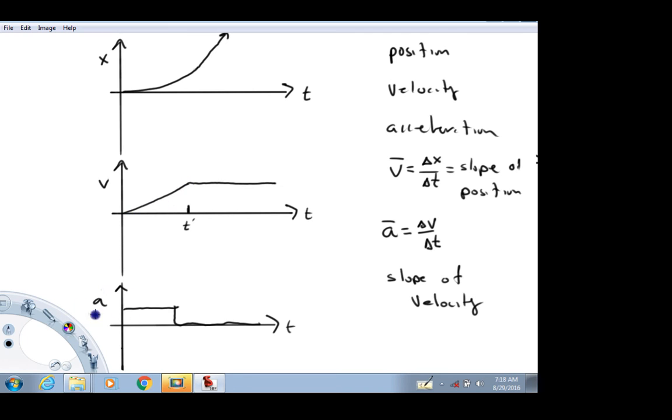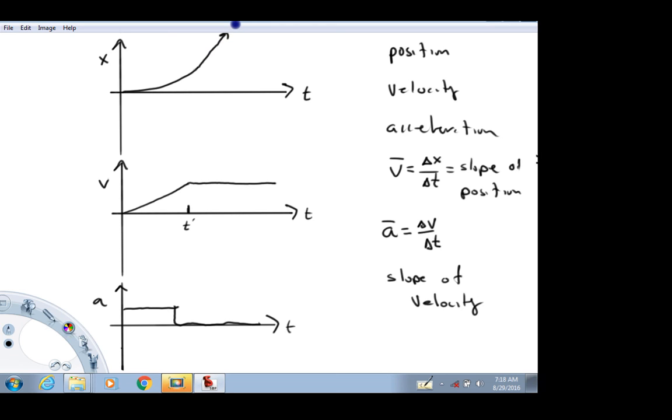So if I were to sketch an acceleration graph, it might look something like this. Our position graph would have to have some curvature to it. It'd have to be concave up because our increasing velocity means the tangent lines have to be increasing in slope, out to t prime. From t prime to the right, our velocity is now constant, which means our acceleration is 0, and our position function is now linear from there on out.